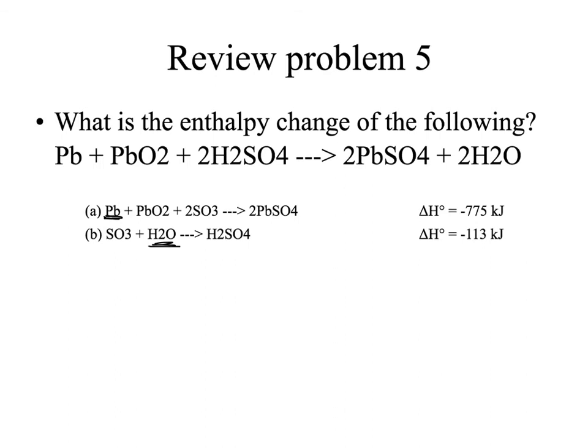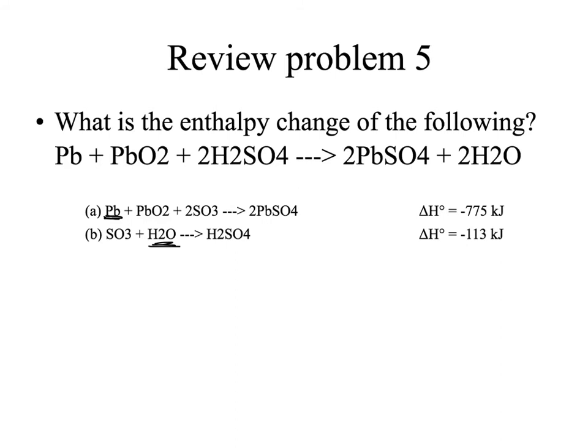So once we've picked what to focus on in A and what to focus on in B, we will just focus on A and make that species that we picked, the lead, exactly match the goal equation. When I say exactly match, that means match the number and match the side of the reaction. So the lead here, there's one lead in equation A, there's one lead in our goal reaction, so that tells me I don't have to multiply.